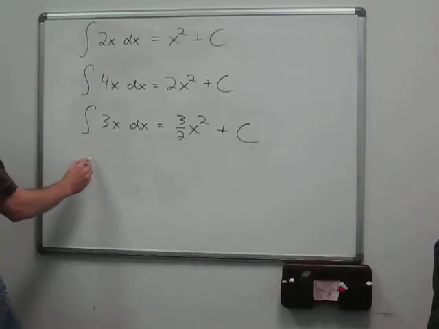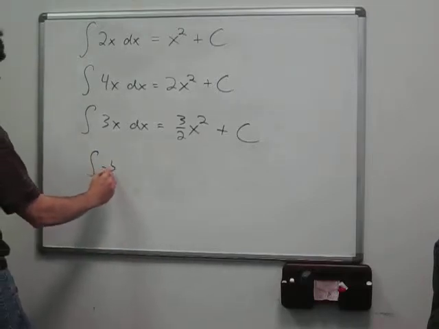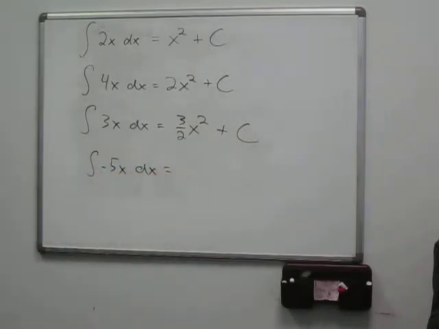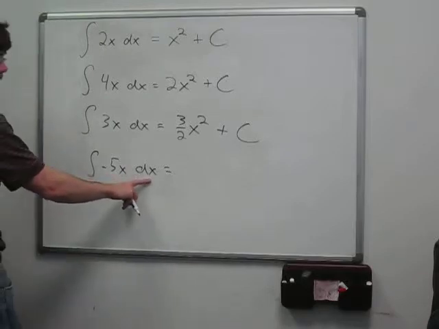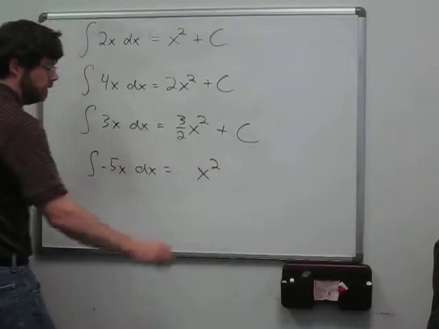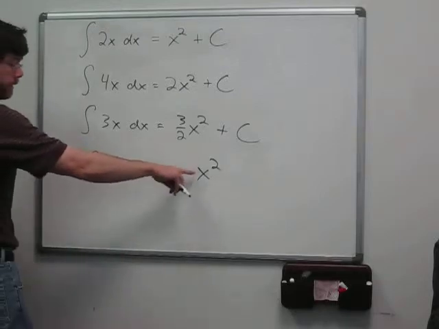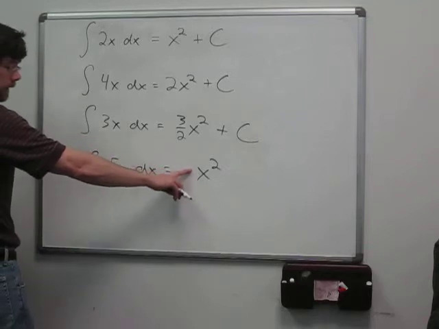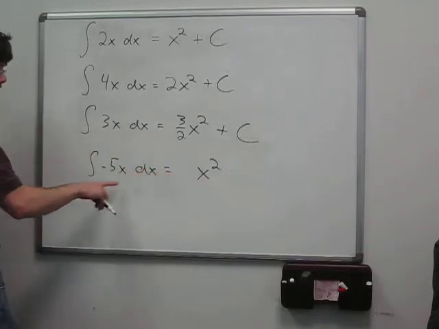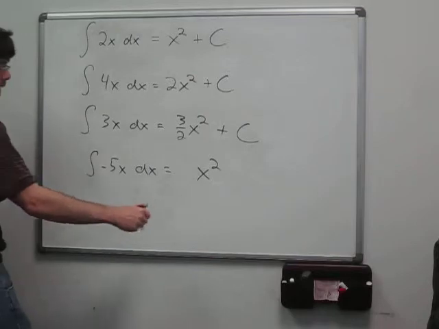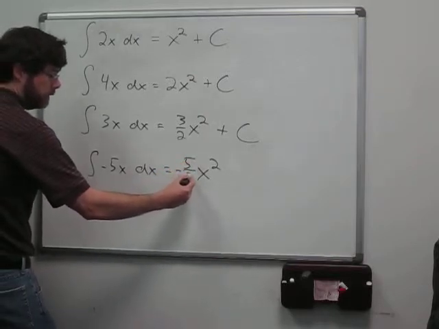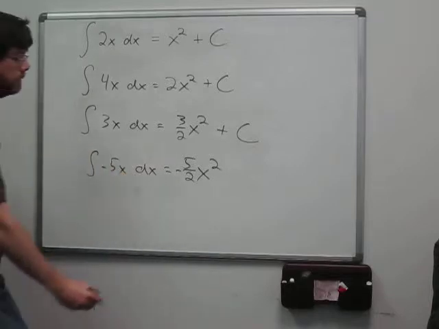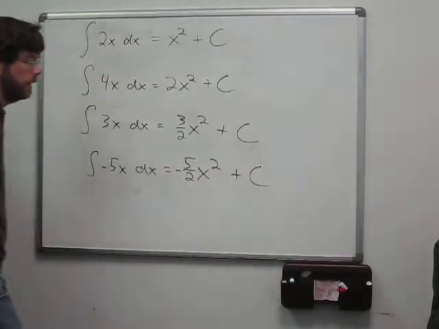So let's just look at one more. What about the antiderivatives of negative 5x with respect to x? Again, we need an x squared so that when we take the derivative, we get an x to the first power. My coefficient here, I need to multiply by 2 to get a negative 5. So my coefficient here is going to have to be negative 5 divided by 2. And again, add on our c.